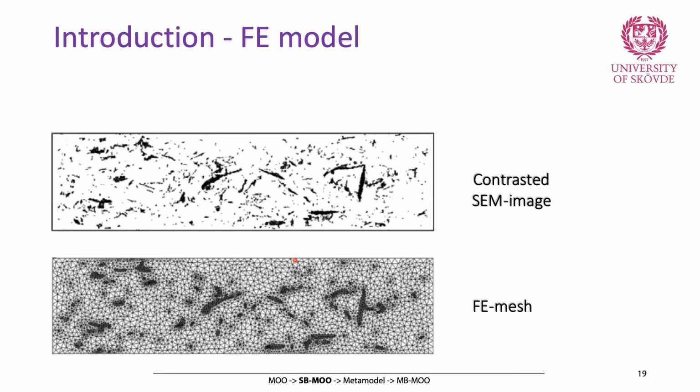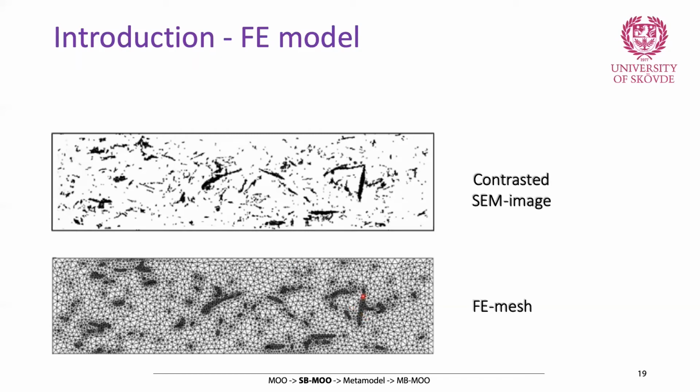Well, here in this figure, you can see a finite element model of an adhesive. On the top image, you can see a thin adhesive layer under scanning electron microscopy. So here is the figure from a microscope, and here it's a similar figure modeled in finite element.